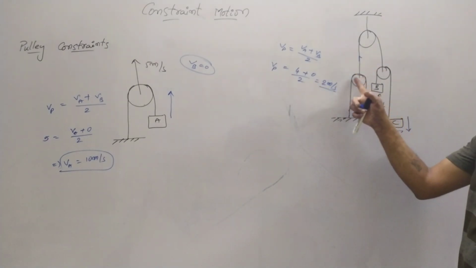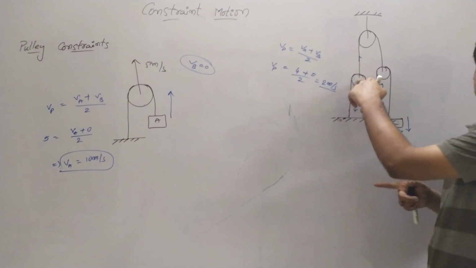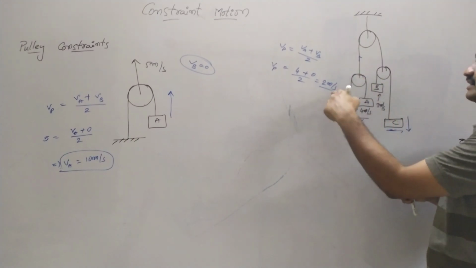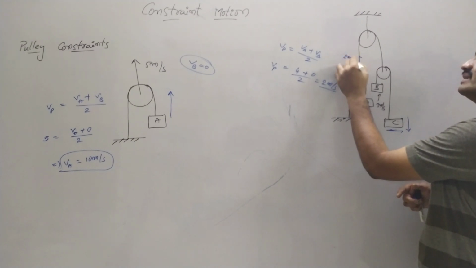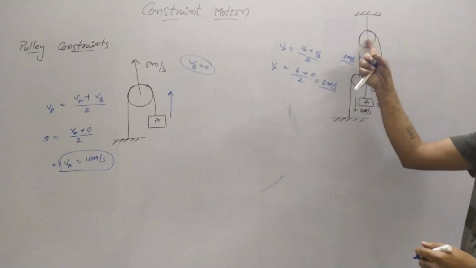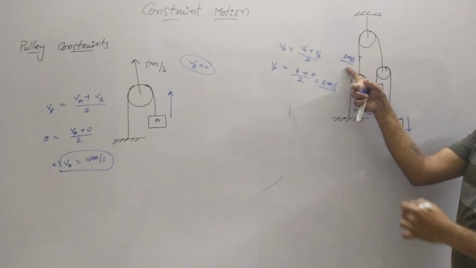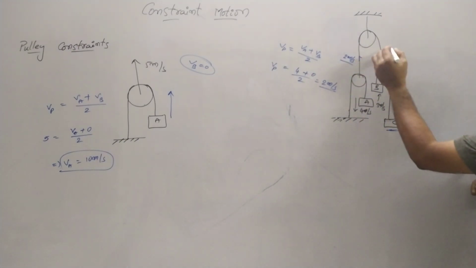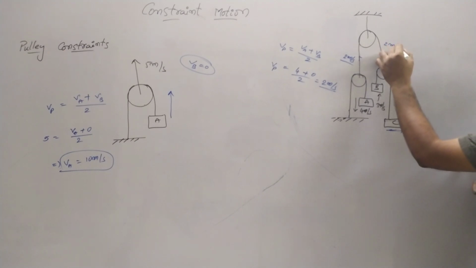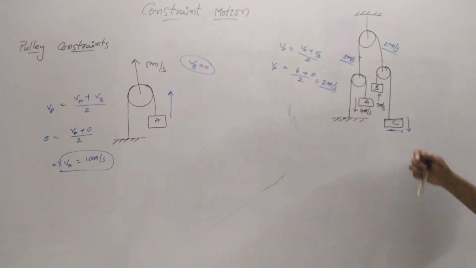So the velocity of this pulley is 2 meter per second, and the velocity of the string is also 2 meter per second. Since this pulley is fixed, the velocity at this point equals the velocity at this point. So the string also possesses the same velocity, 2 meter per second, at this point.